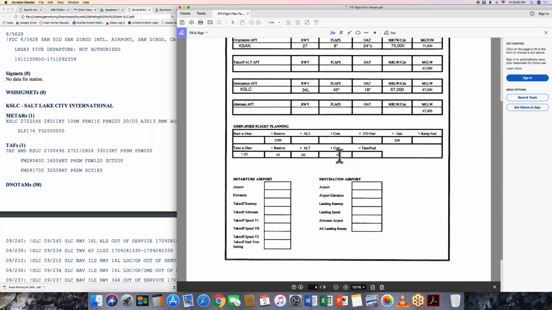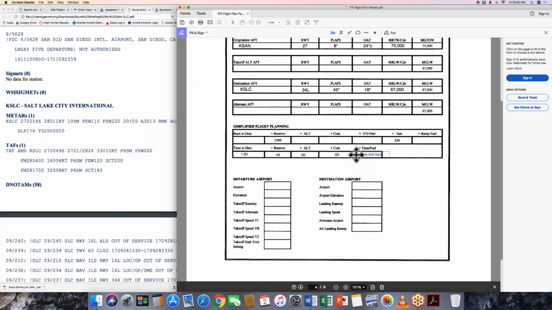Okay, 45 minutes contingency fuel here. So the total time that we have, oh, there it is. There's our reserve. Sorry. We'll get there, people. I promise. Okay, so we've got our hour and 50 and our 45 minutes.